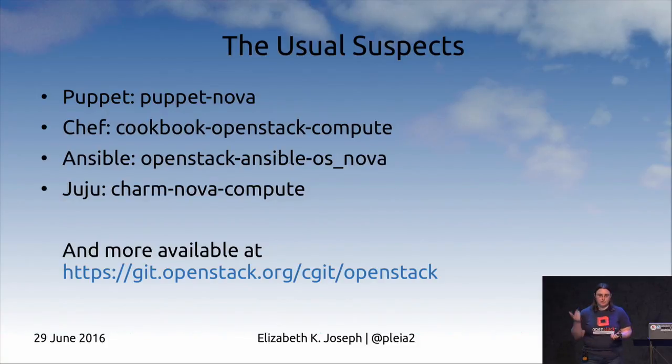Your Chef cookbooks have a name similar to this, so they're seeing like OpenStack Compute rather than the project name of Nova. The Ansible playbooks have another format, Juju Charms yet another. So once you pick your configuration management system, you can go to git.openstack.org and find the components that you want to use in your cloud. So whether it's compute or networking, DNS, and various things.